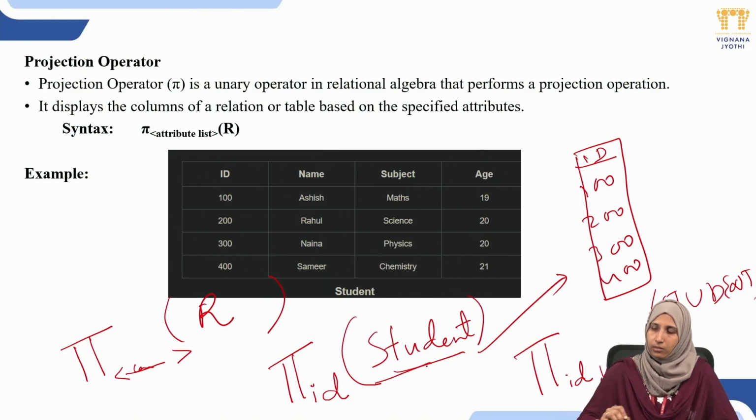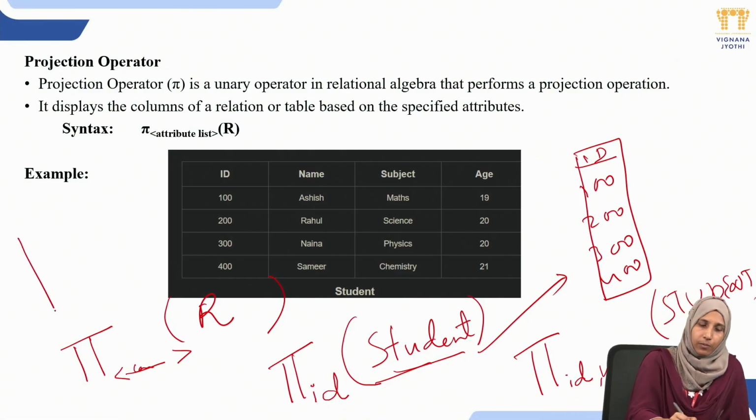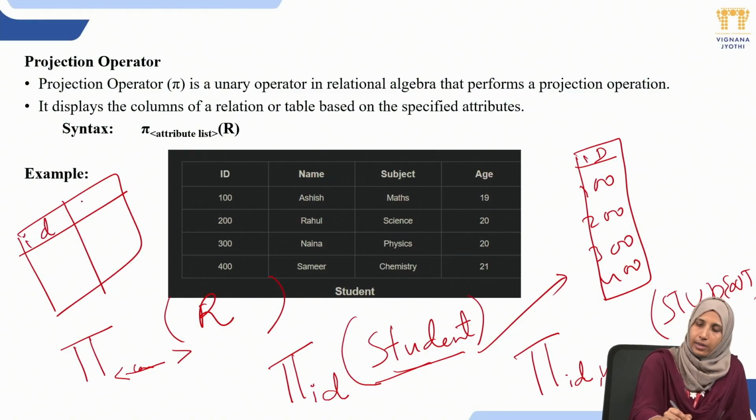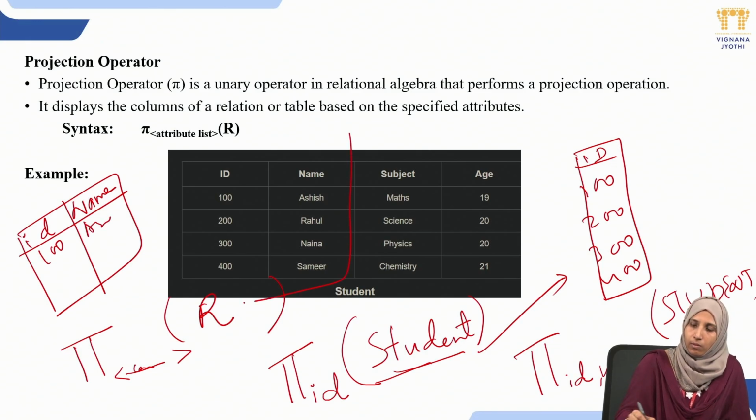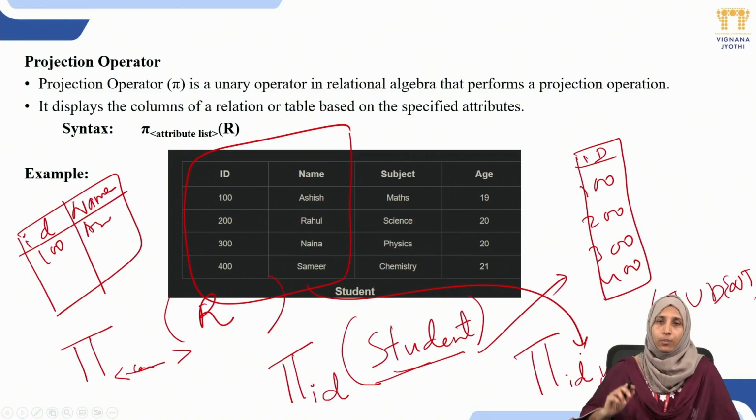This will be the output. How about this, ID comma name from student? Output for this will be ID and name. This way you can project with the help of your projection operator.